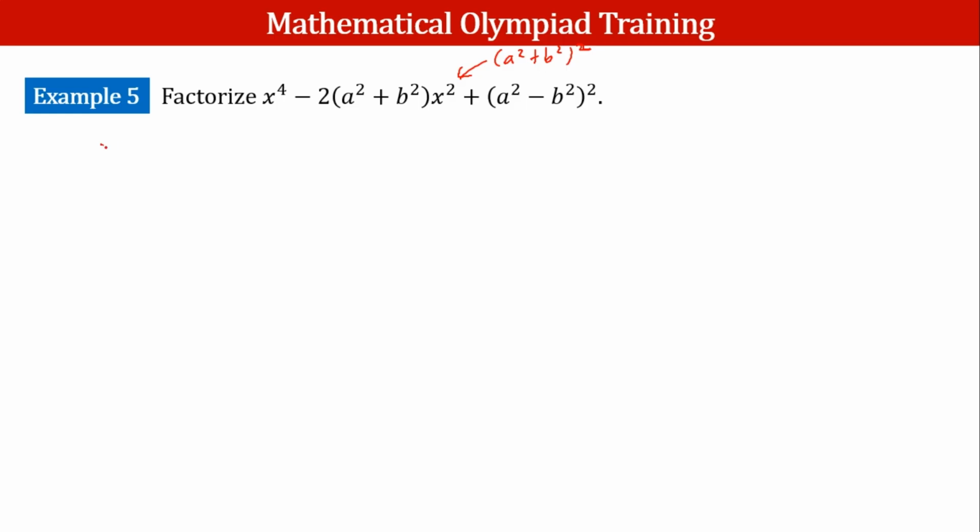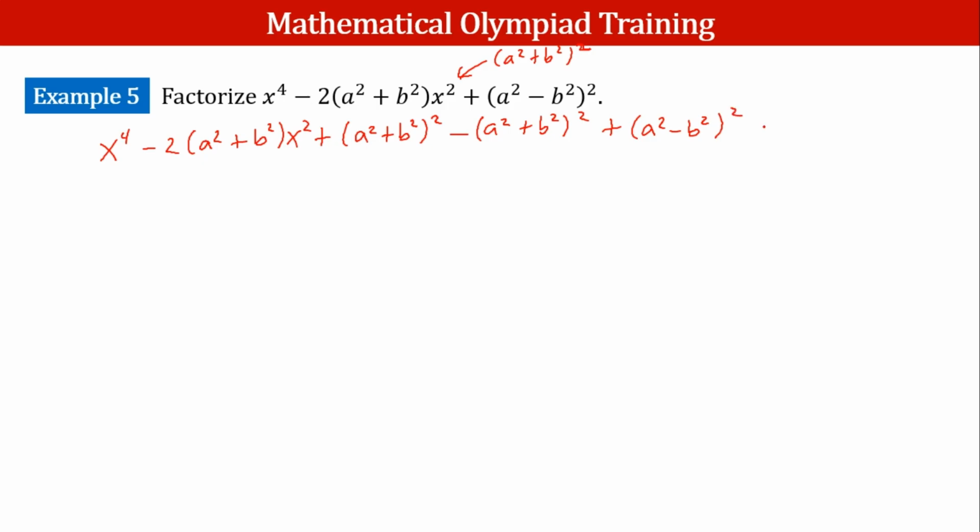So we have x raised to 4 minus 2 times a squared plus b squared x squared plus a squared plus b squared squared. But we have to subtract the same quantity, minus a squared plus b squared squared. We still have the last term, a squared minus b squared squared.